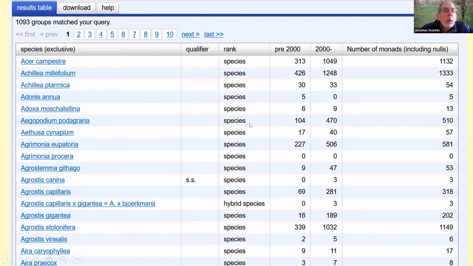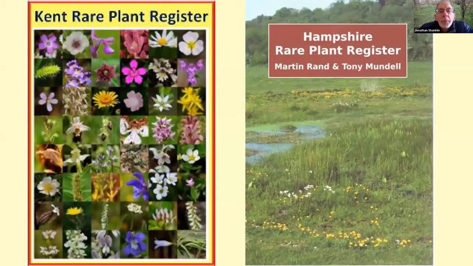Now, for some of these, very clearly the post-2000 recording is much greater, because it's unlikely that Acer campestre has really changed significantly. But others, for example, Achillea ptarmica, there's really no change in the monad count between the two date classes, but overall, there's almost certainly decline. So that is one plant, for example, that I would put into the register of concern.